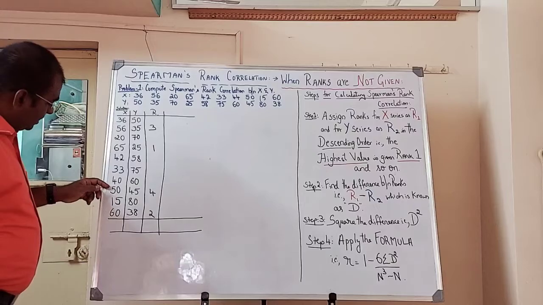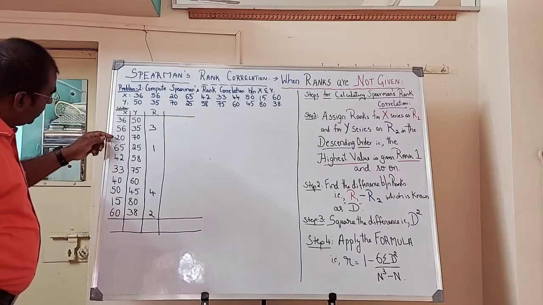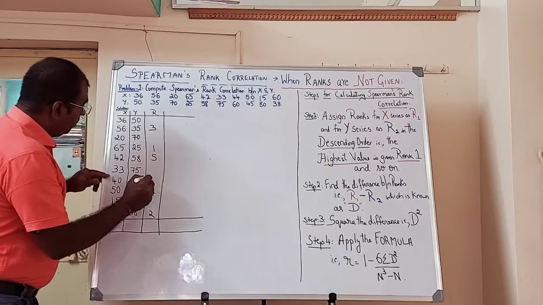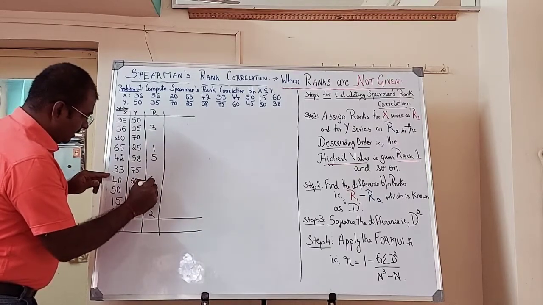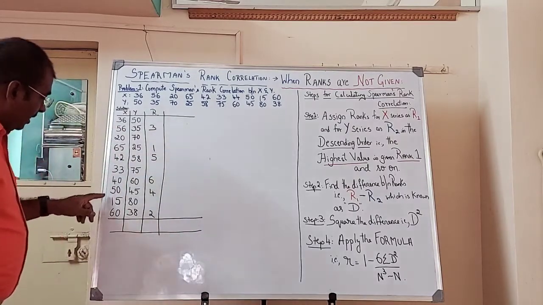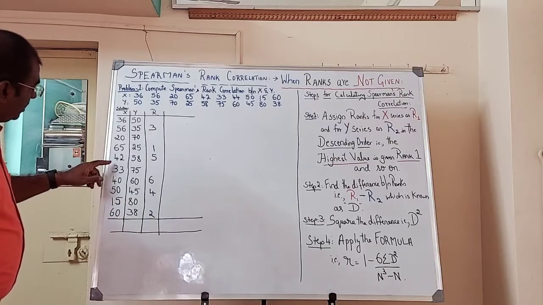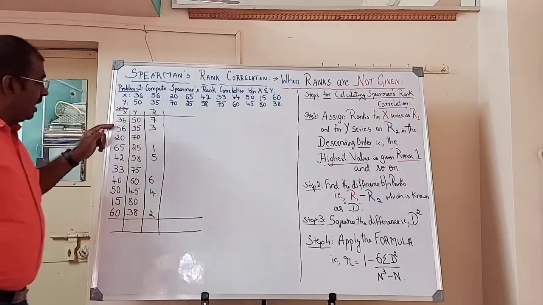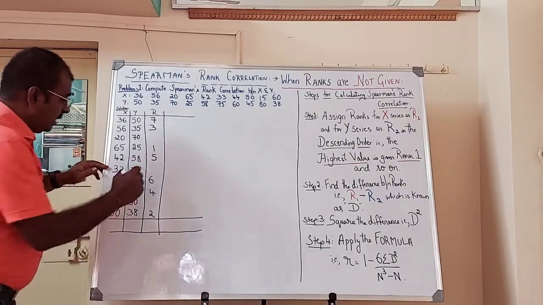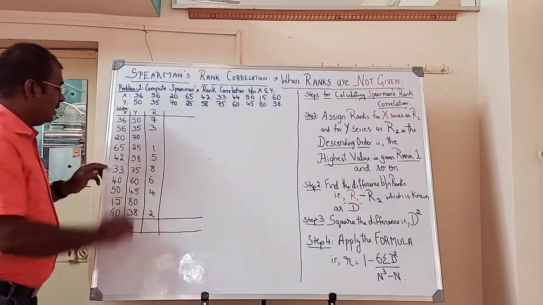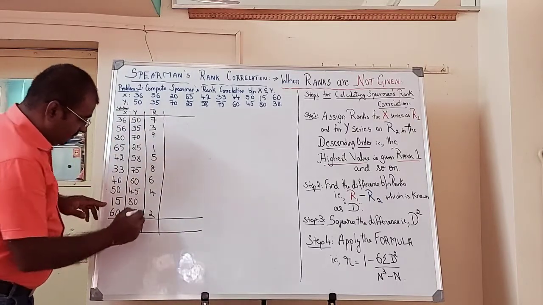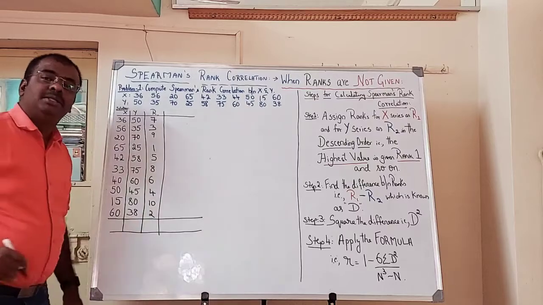The next highest apart from 50 is 42, and so 42 gets the 5th rank, and 40 gets the 6th rank. After 40, the next highest value is 36, which gets rank number 7, followed by 33, rank number 8, 20, rank number 9, and 15, rank number 10.